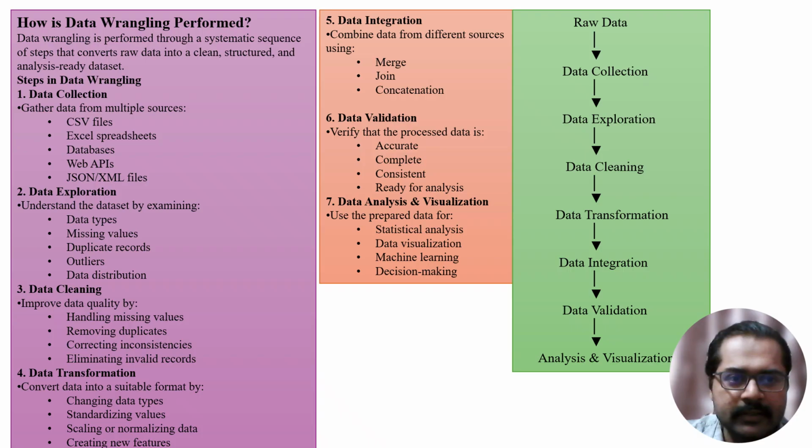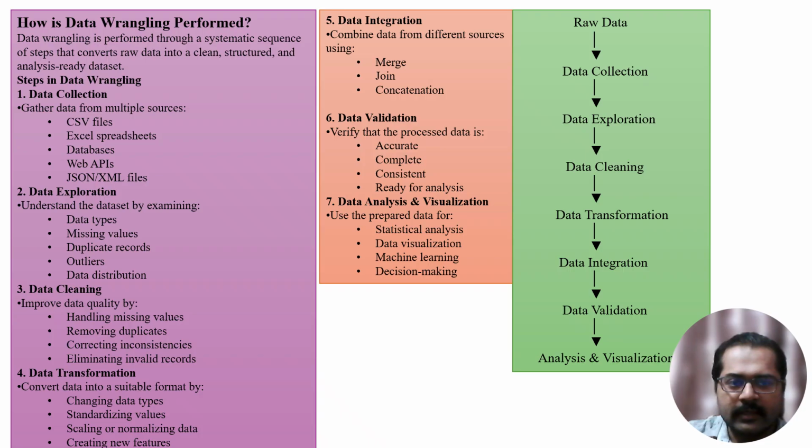Next step is exploration. You need to explore the data and understand the data set by examining data types, missing values, duplicate records, outliers, which are anomalies, and data distribution.